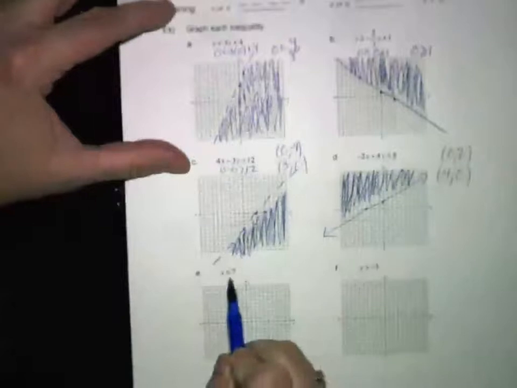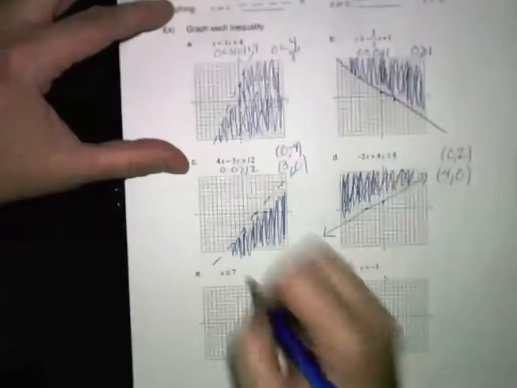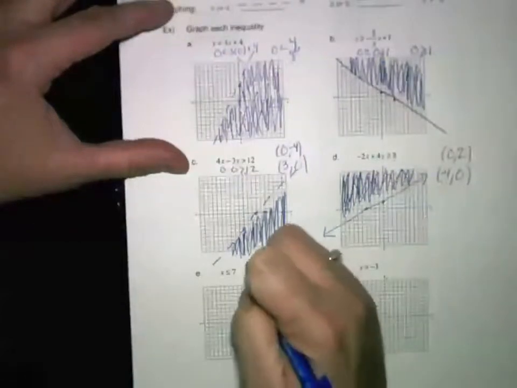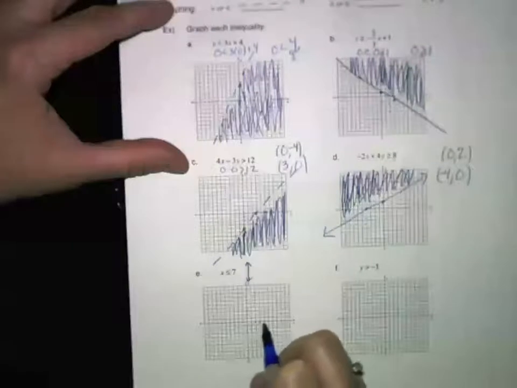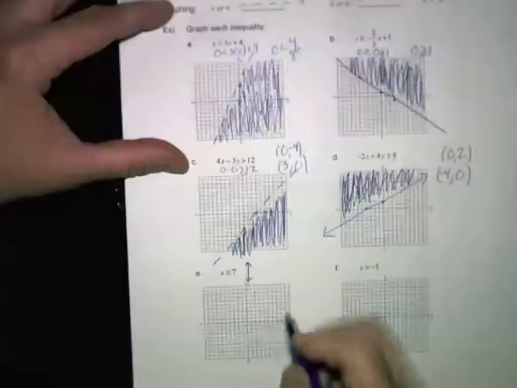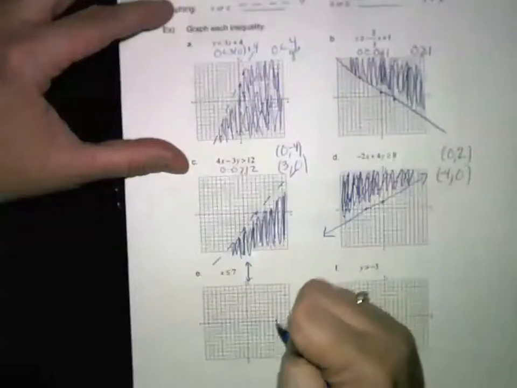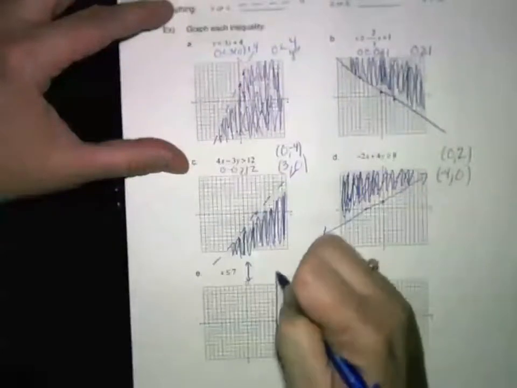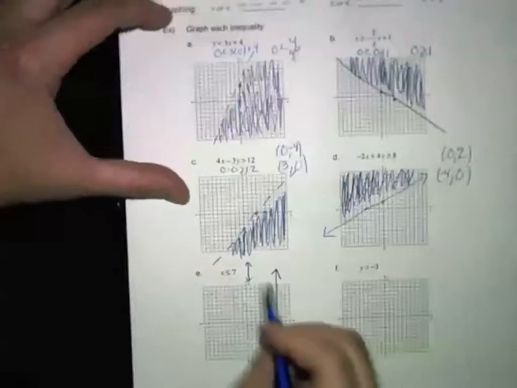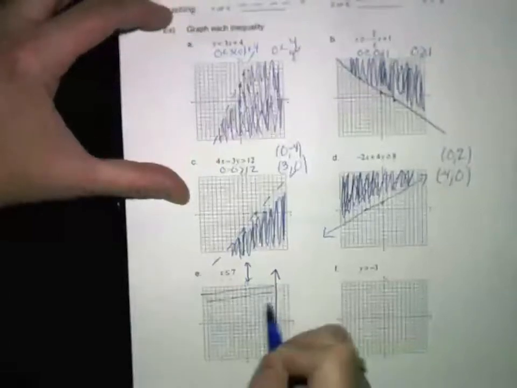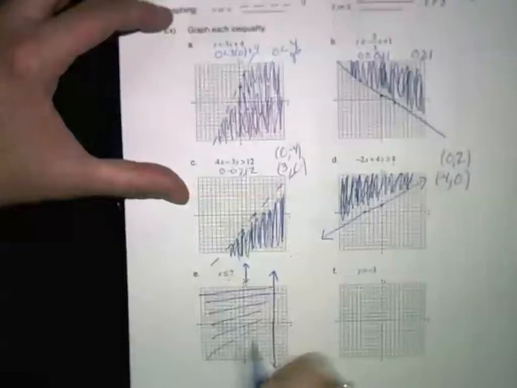Letter E, x is greater than or equal to 7. Just a reminder, x is your straight up and down line. 1, 2, 3, 4, 5, 6, 7. This is going to be a solid line. And that says x is less than or equal to 7. So you want everything that's less than.